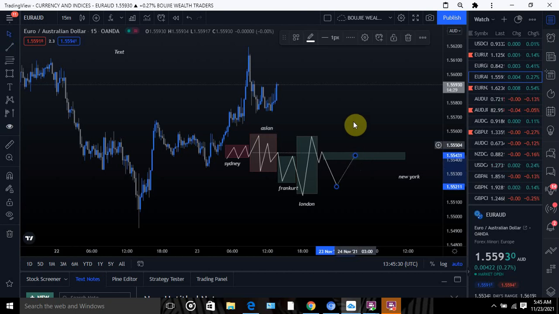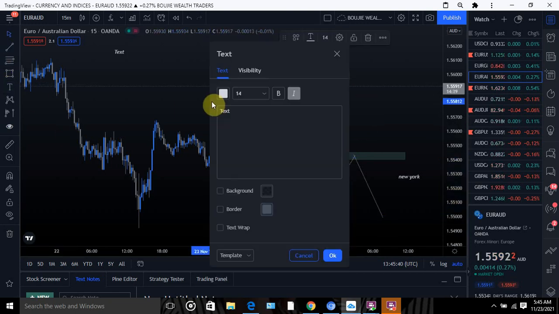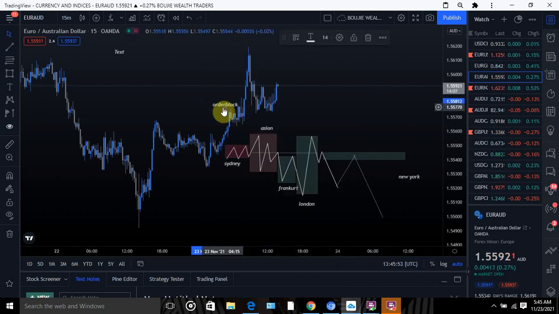Then the New York starts, and we respect the order block or the point of interest that was formed on our London session.